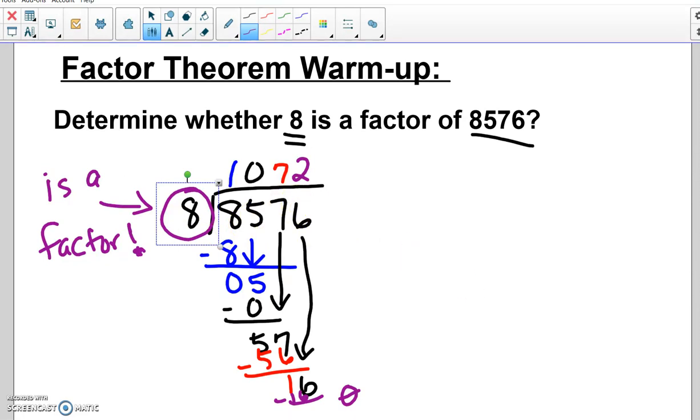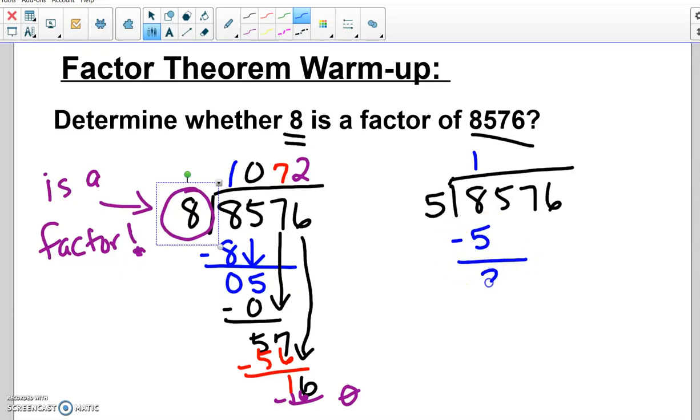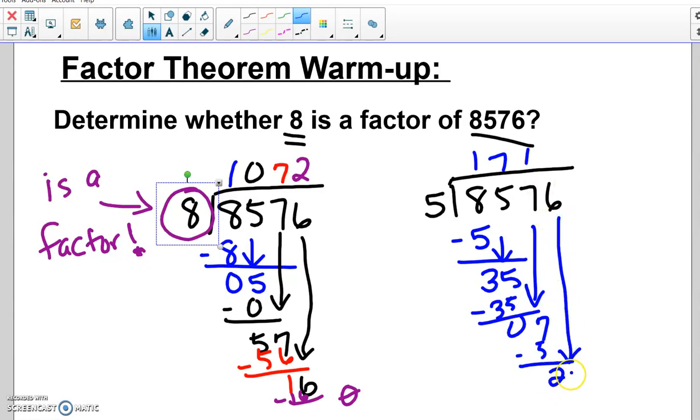What would happen here if I picked a big number like 8,576, and let's say I picked 5, and I said I'm going to break it down with 5? I think you already know it's not going to work, but okay. When I do that, I'm going to get a 7, 0, bring down a 7, I'm going to get 1, 2 left over, 26, 5, 25, and a remainder of 1.